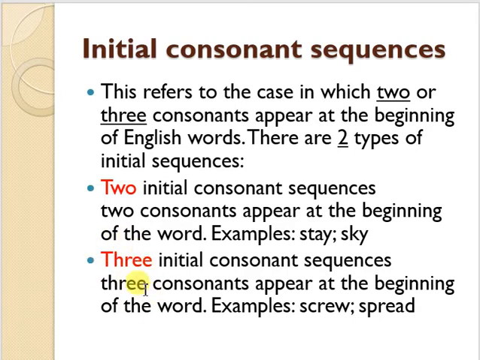This case needs more practice from you because your Arabic language can interfere. In Arabic we do not have three consonant sequences in the initial position, and even in the final position we do not have them. So to pronounce these words you need to practice more.